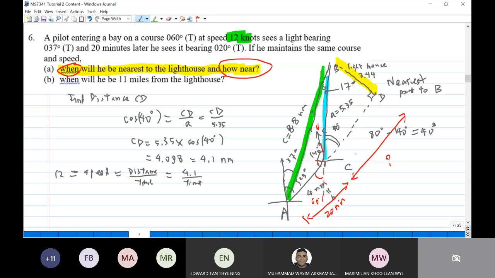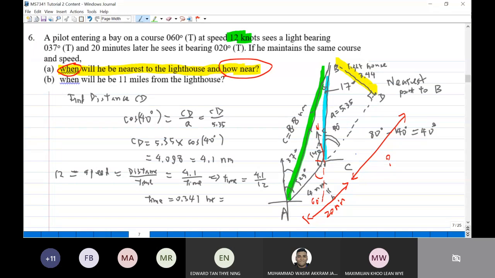So from here, you can find that the time is equal to 4.1 over 12. So how many minutes is that? 4.1 divided by 12 is 0.341 hour.